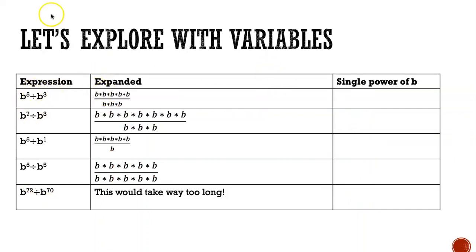You may have noticed B to the 5th divided by B to the 3rd, and those canceled out. So another way to think about this is B to the 5 minus 3.